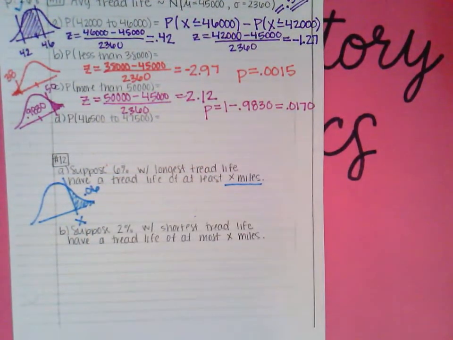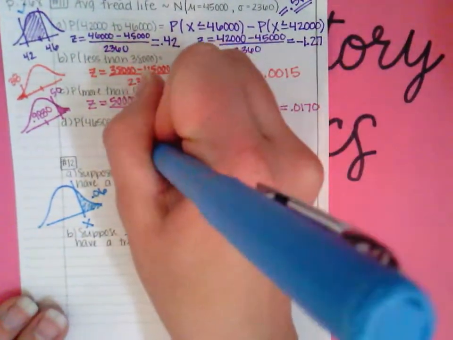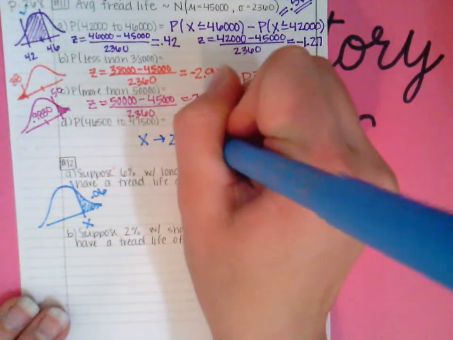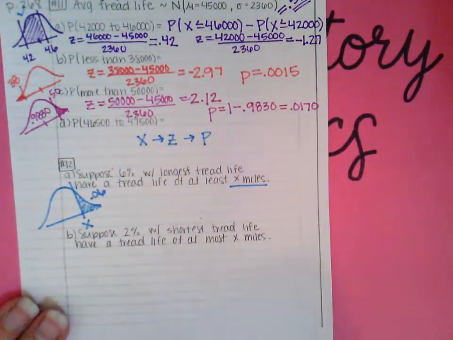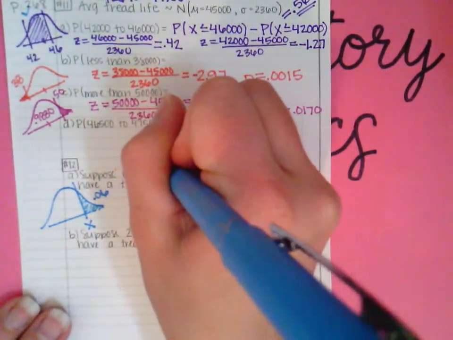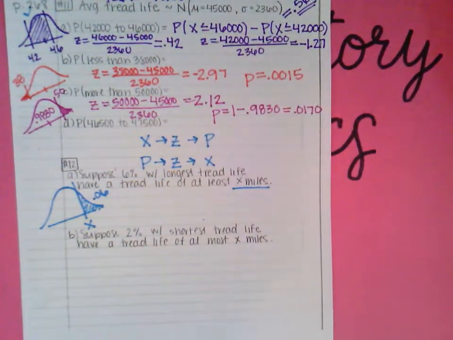Well, I need to find a z-score. On the questions up here, we went X to Z to P. On these inverse questions, we're going the opposite way. We're going P to Z to X.